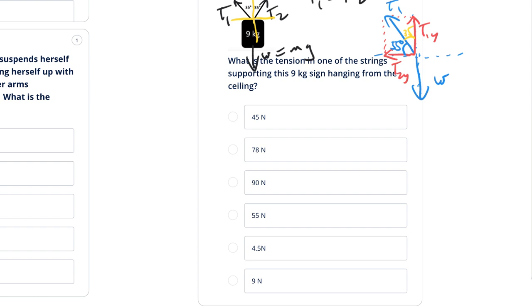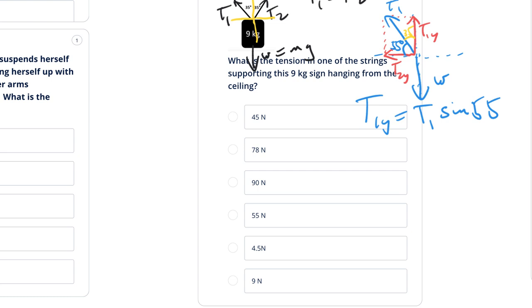That's the angle I want because it fits my equation. So T1y equals T1 times sine of 55. I'm using equations on the equation sheet. Qy equals Q times sine of theta. The theta is always taken from the x-axis if you want to use those equations.